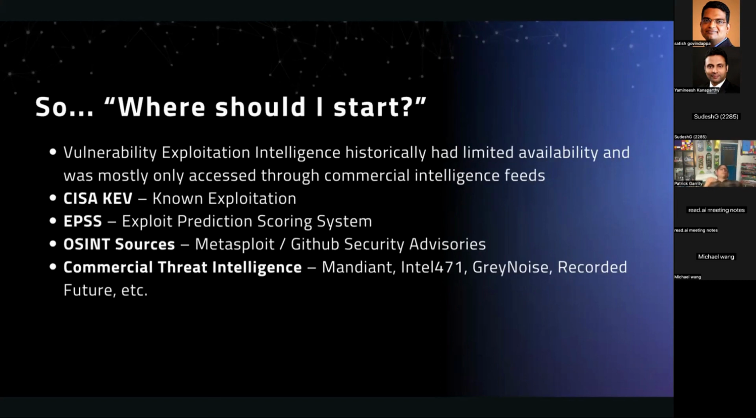So there are many different sources. Like known exploitation, CISA, and the exploit prediction scoring system, which is predicting the future, right? The next 30 days, whether something has a high probability of being exploited. You have OSINT sources like Metasploit and GitHub, which are actually incorporated into EPSS in some ways, and then commercial threat intelligence. We always want to encourage people: the more sources you use, and the more you understand how they work, the more valuable it is.